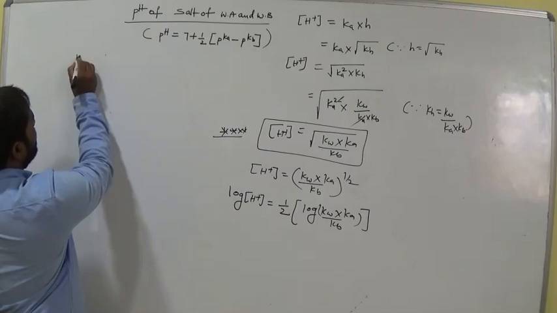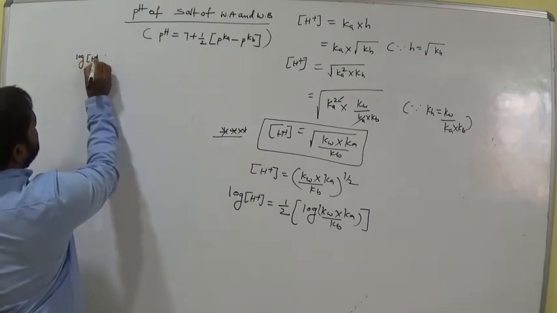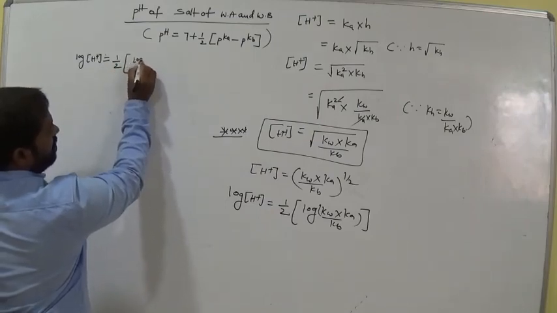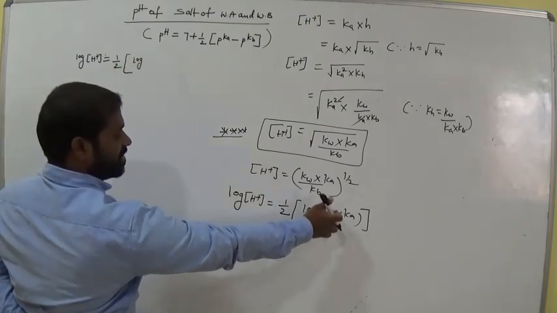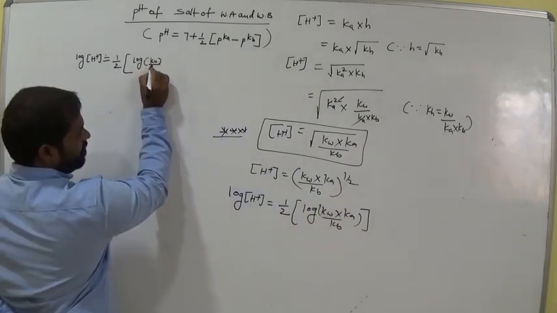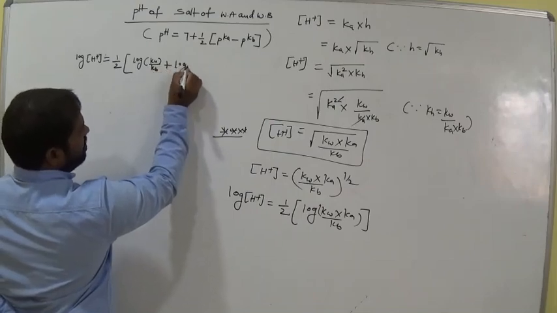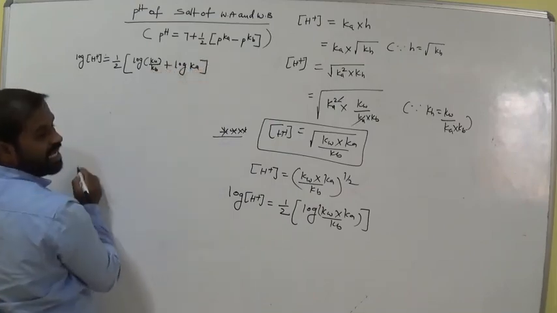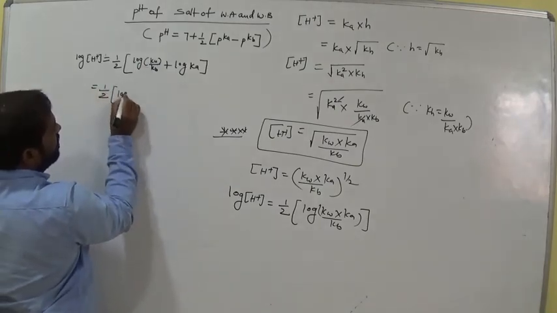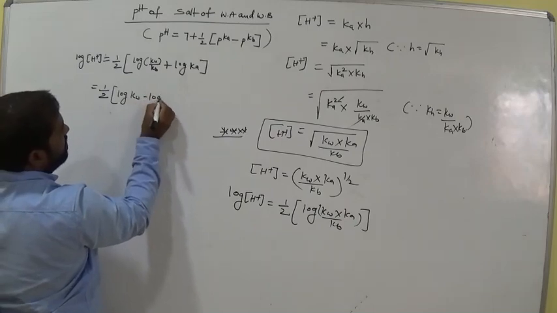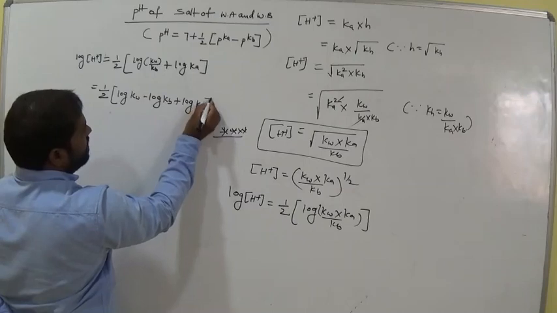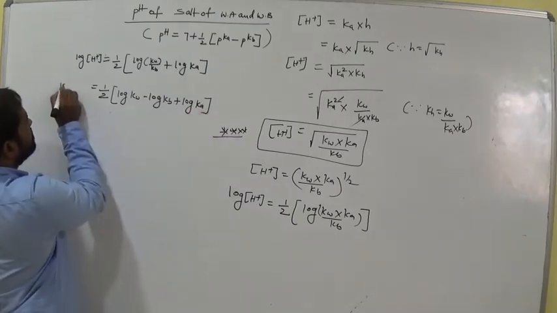Now from this one, log H plus equals half of log of A into B, so log A plus log B, plus log Ka, am I right? Now for log A by B, that means log A minus log B, plus log Ka. This is log H plus.